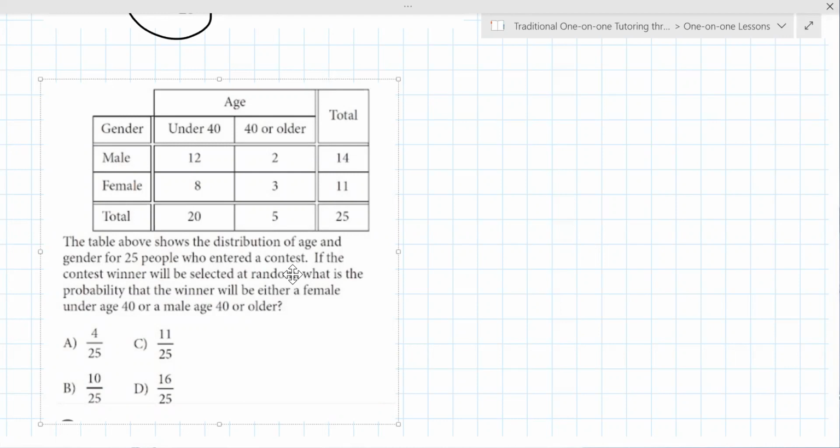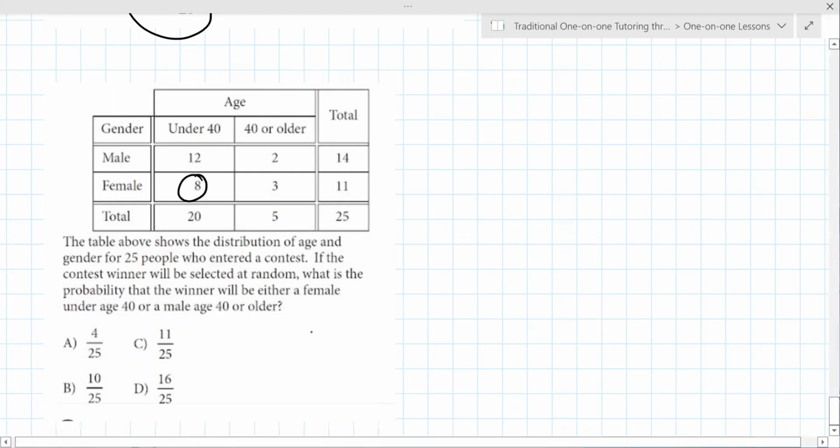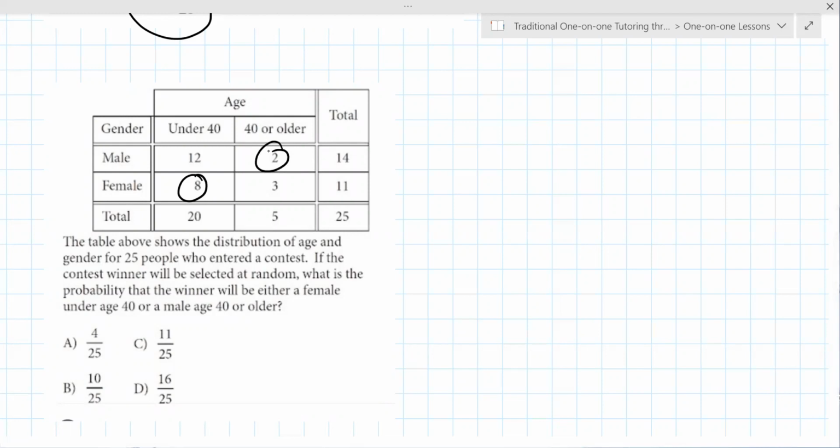Okay, so there are 8 females under 40 and 2 males 40 or older. So that's 10 total, right?